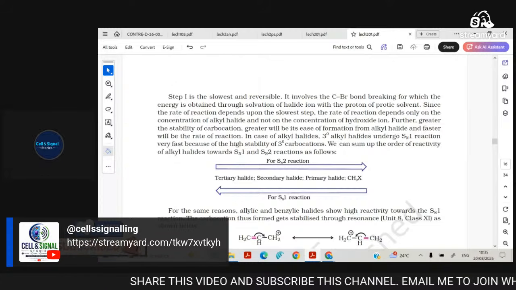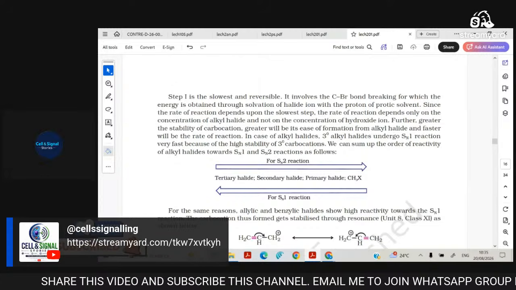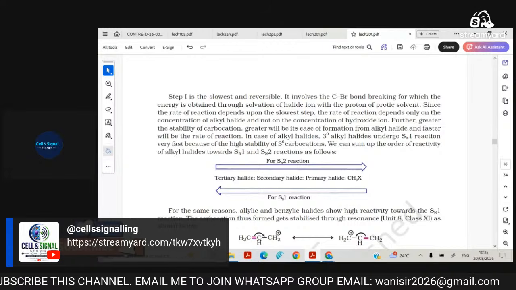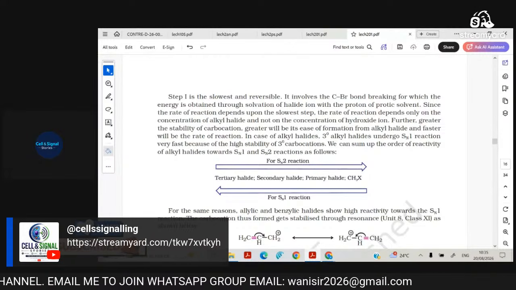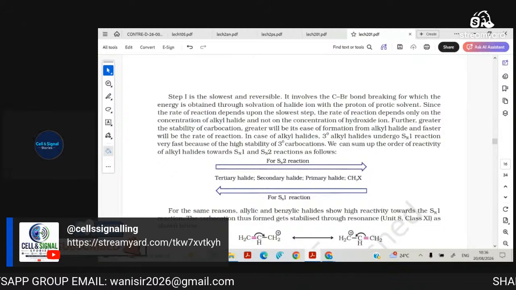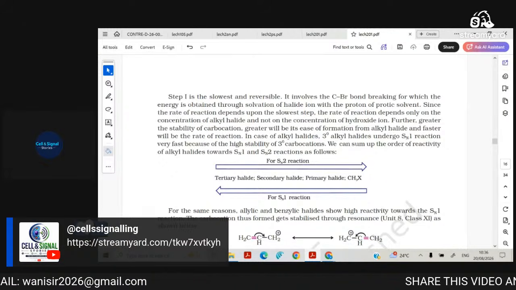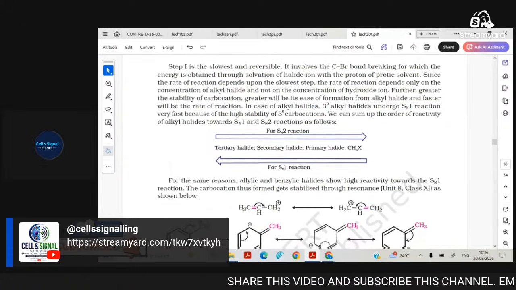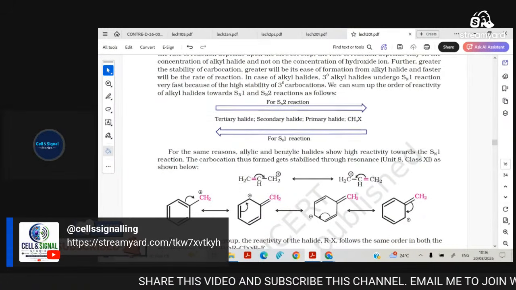Tertiary alkyl halides undergo the SN1 reaction very fast because of the high stability of the carbocation. So this is tertiary halides, then secondary halides and primary halides.